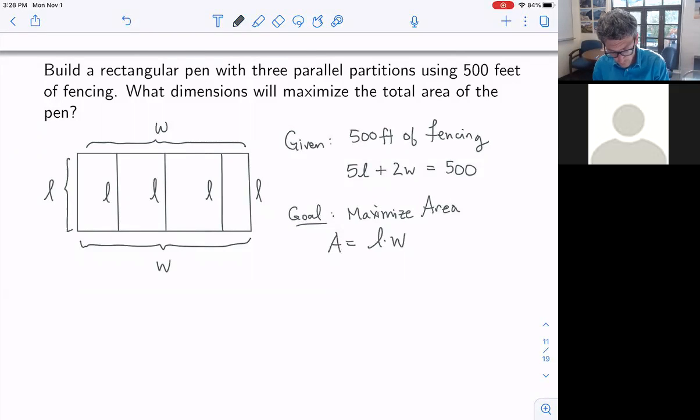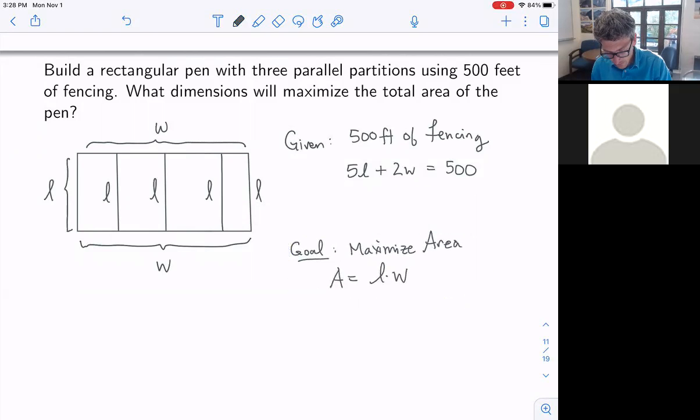To do this, we're going to take our top equation, our given equation, and solve for one variable in terms of the other. In this case, we're going to solve for W. So W is going to be 500 minus 5L, divided by 2. I can simplify this a little bit. That's going to be 500 over 2 minus 5 over 2 L, and I can simplify that even more.